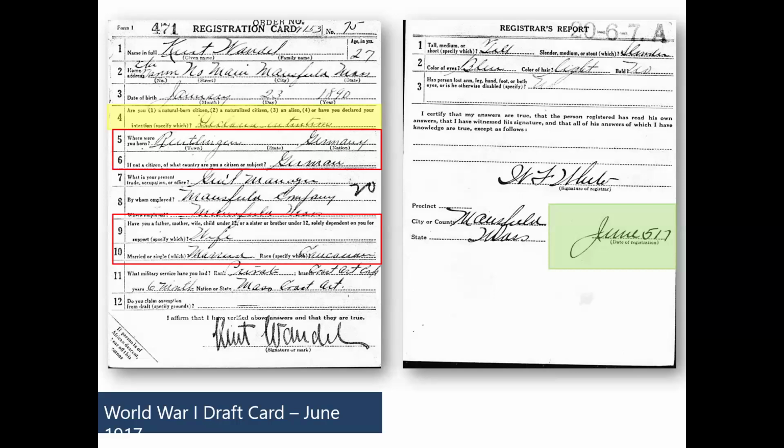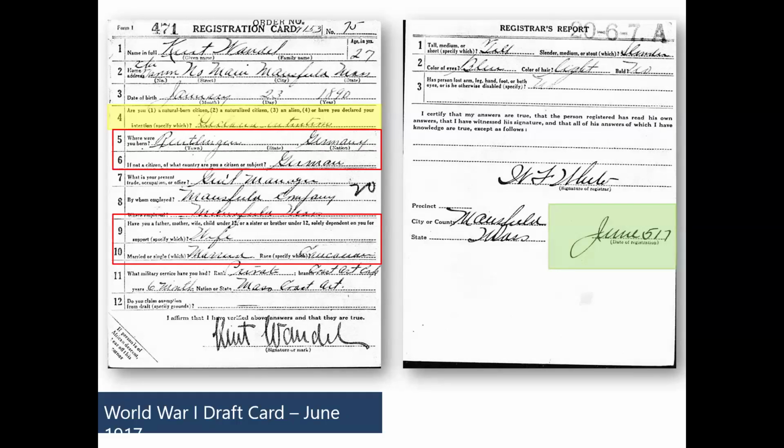Usually when you're using the World War I draft registration cards on Ancestry, you type in your information, and I'm not sure that everybody realizes this, but if you put a place of birth in, you may actually eliminate the card that you're seeking, because there were 3 different cards done and only 2 of them asked for place of birth.